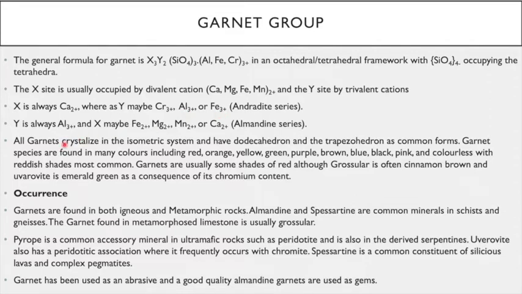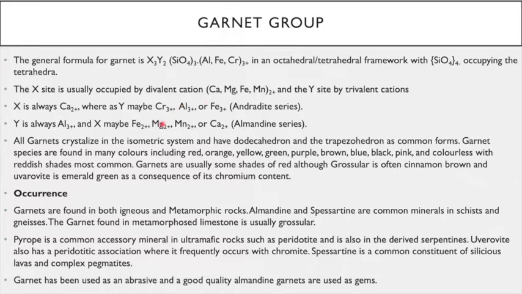Now there are two series, the andradite series and the almandine series. The difference is that in the andradite series, X remains the same, always calcium, right? But Y is variable, this changes.